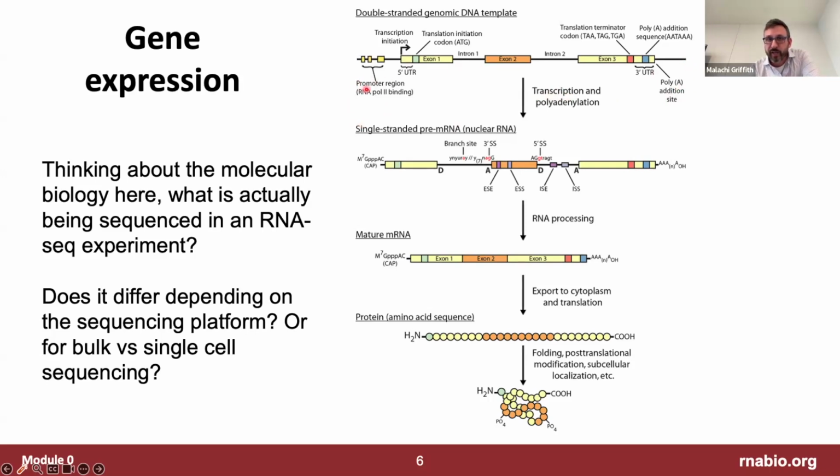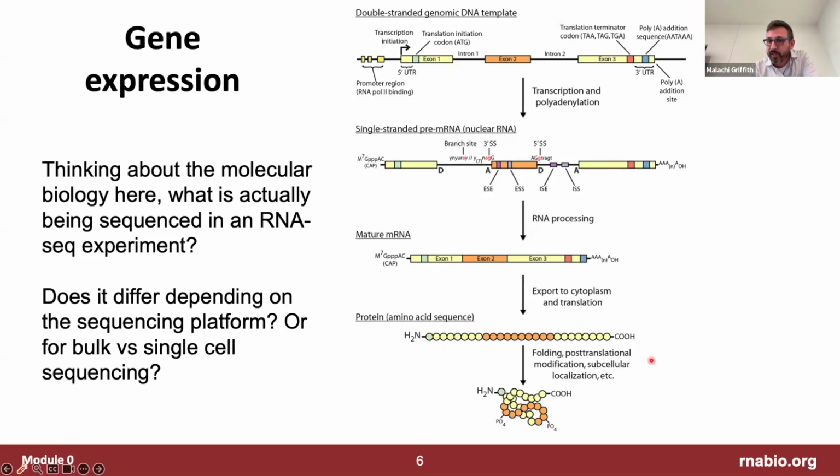The transcriptional machinery creates from this template a single-stranded pre-mRNA molecule where the introns are still intact. Then a separate set of regulatory elements, splice donor and acceptor sites, as well as exonic splicing enhancers and silencers and intronic splicing enhancers and silencers, all work together to help the splicing machinery recognize the structure of this molecule, identify introns as separate from exons, splice the introns out, and assemble a mature mRNA molecule, which is capped and polyadenylated and exported to the cytoplasm, where it will be translated into protein.